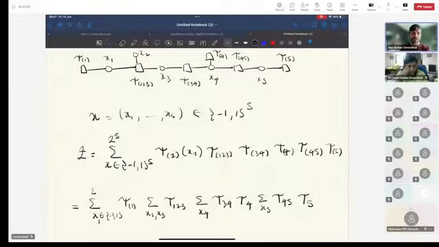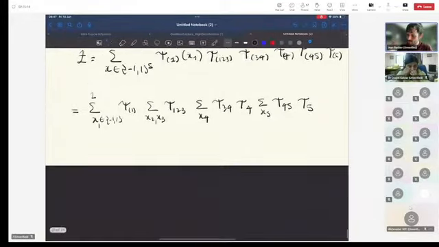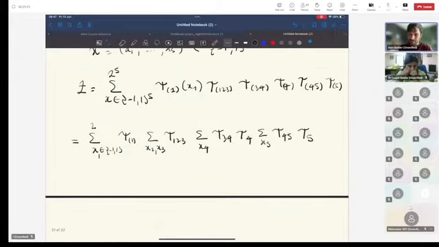This is the same object, of course. I've just pushed the sums in a smarter way. I've distributed the sums. And now let's count how many operations this computation requires, which is the same computation. Here we have 2 operations to do.